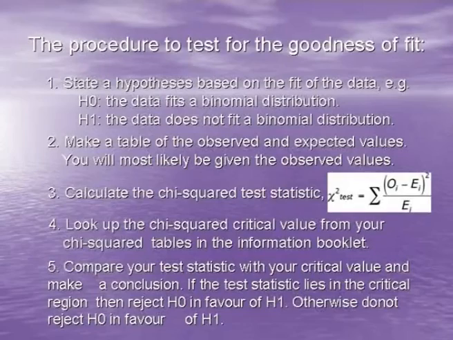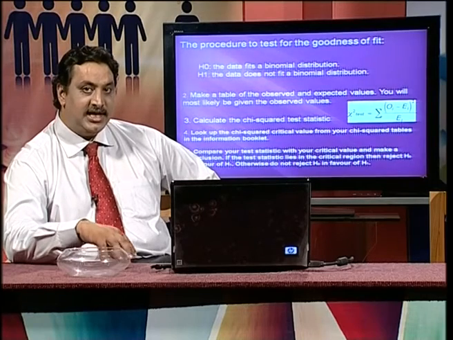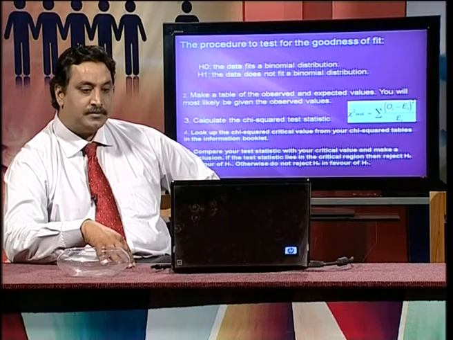Similarly, we also formulate the alternate hypothesis, then we set the level of significance, and the important thing is the test statistic, because in today's program we differentiate different test statistics with the help of the formula. What formula do we use? In the white box we have the formula of the chi-square. This is OI, the observed value of the data, and EI, the expected value of the data.